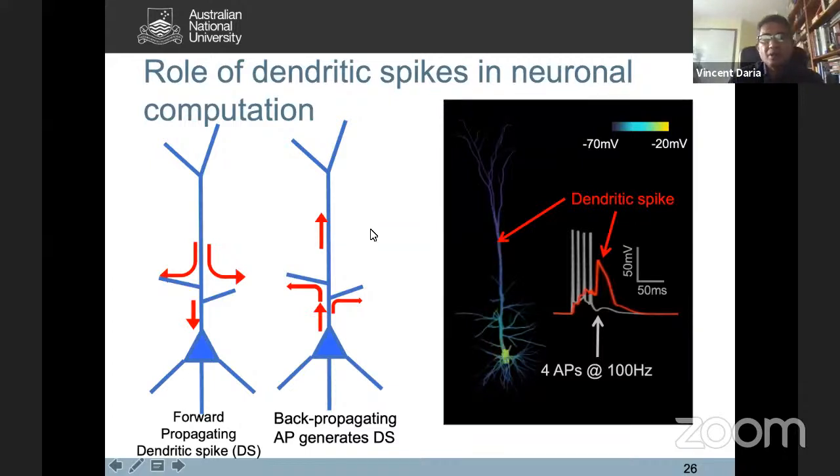So perhaps the original question of forward propagating, the effect of these dendrites will actually affect a forward propagating dendritic spike. But then the effect of back propagating action potentials could also be affected by this set of dendrites here.